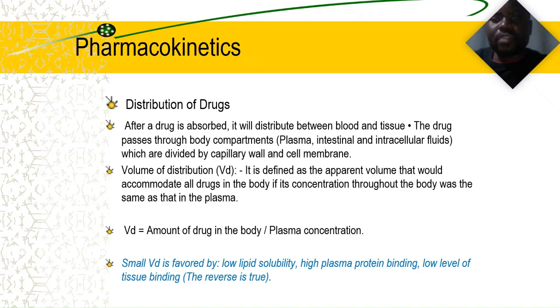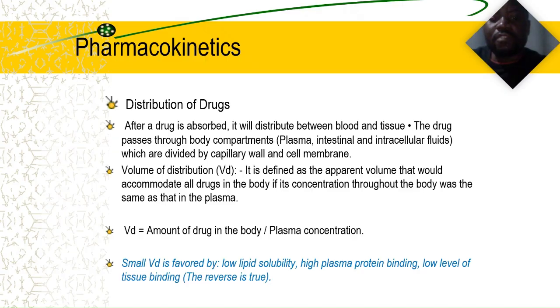The mass in this case is the dose of the drug you're administering, and the concentration is the plasma concentration you want to achieve, or the Cmax. That is the relationship of volume of distribution, the dose, and the plasma concentration.